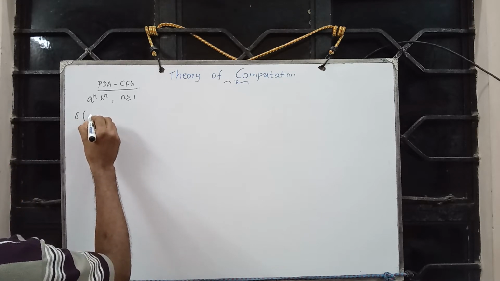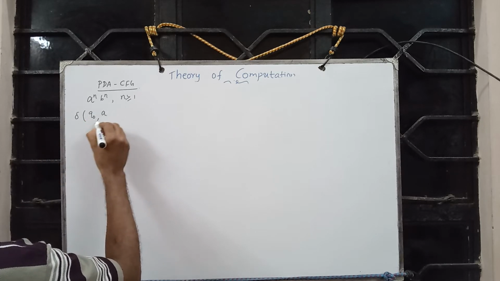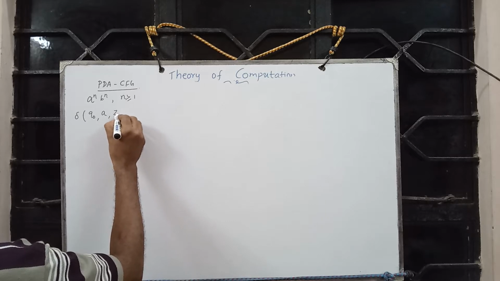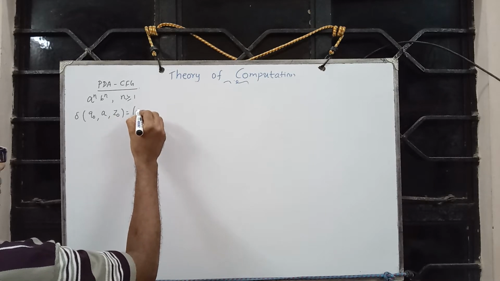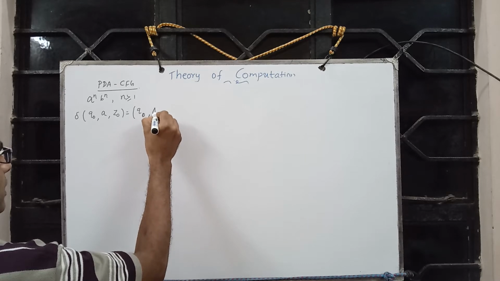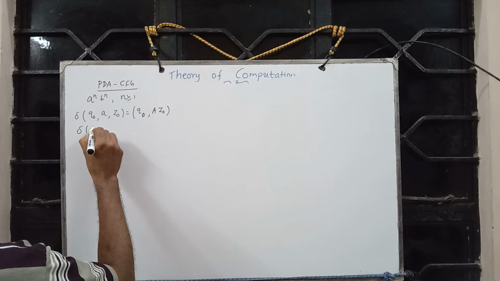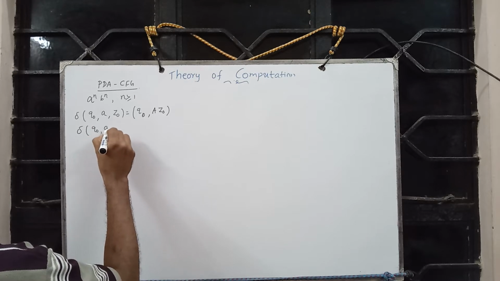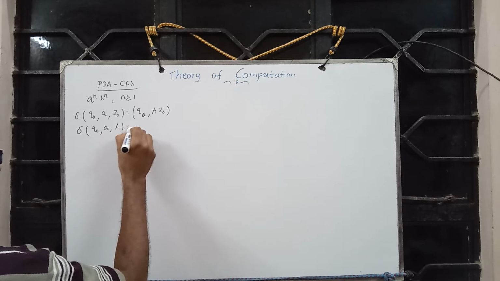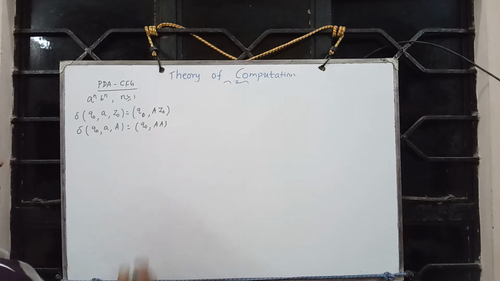So the PDA with acceptance by empty store is like this: delta of q0 comma a comma Z0 is q0 comma A Z0, and delta of q0 comma a comma capital A is q0 comma AA.